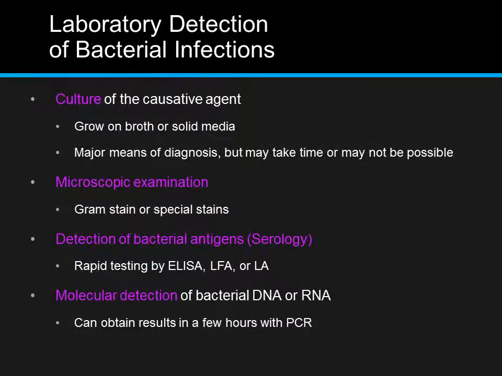When it comes to diagnosing bacterial infection in the lab, for a number of decades now, the gold standard was to culture a specimen and grow the causative agent. This has been going on forever. In my day, this was it. This was the great way to do things. And in conjunction with that would be the microscopic examinations of the organism. Where we're going, probably very rapidly, is the direct detection of bacterial antigens.